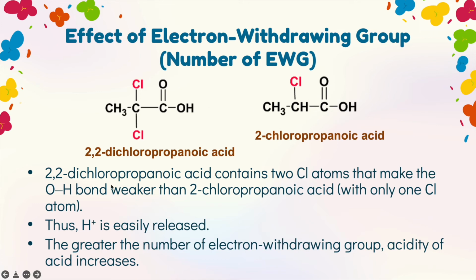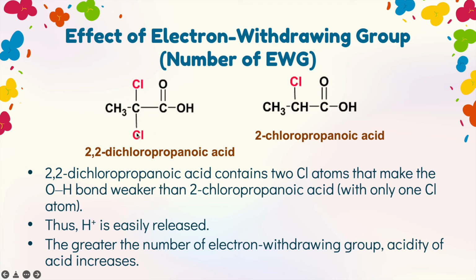It makes the OH bond here weaker than the OH bond here because you have 2 electron withdrawing groups. So the electron density on OH is less than the electron density of the O here, because you have 2 Cl in the carboxylic acid.